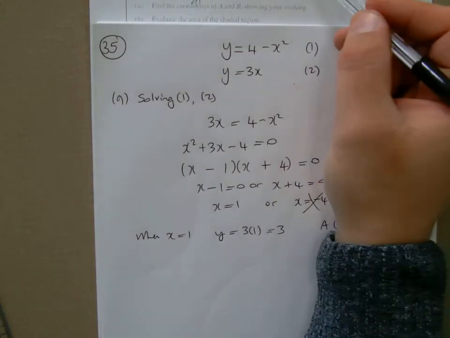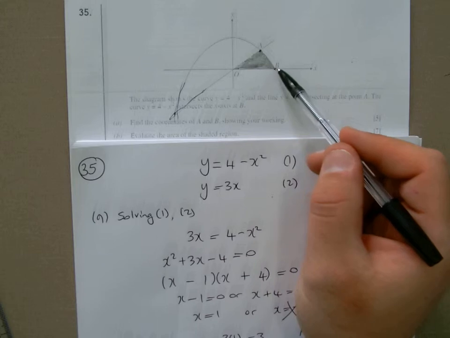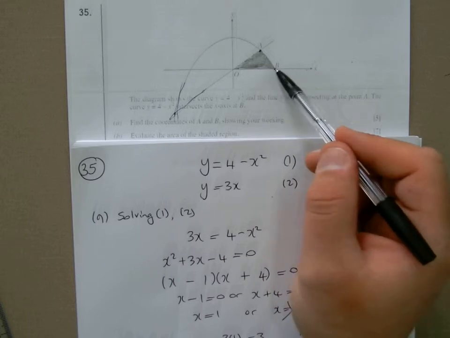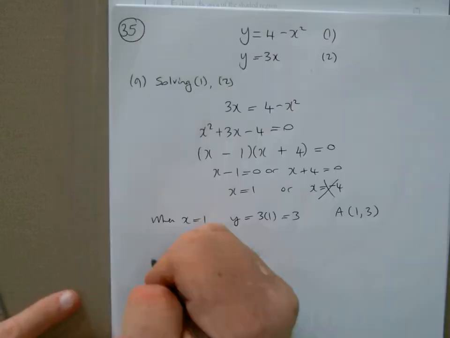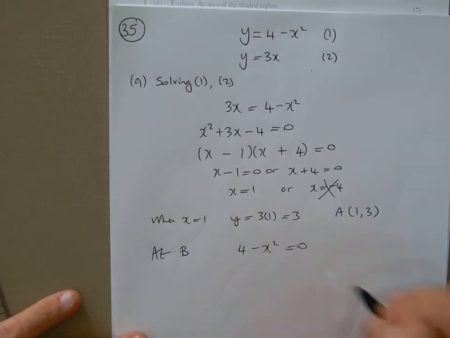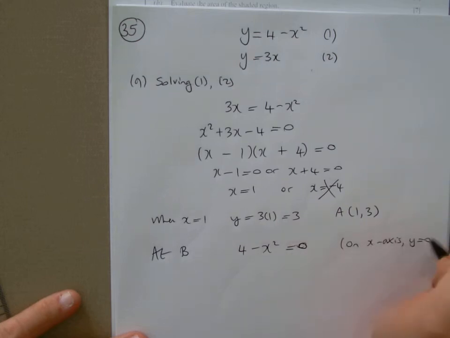To get point B, it's not a point of intersection of the curve and line. It's just where the curve cuts the x-axis, if you notice. Where the curve crosses the x-axis. And of course, where it crosses the x-axis, the y value is 0, isn't it? So we could say, at B, 4 minus x squared is equal to 0, because it's on the x-axis where y is equal to 0.